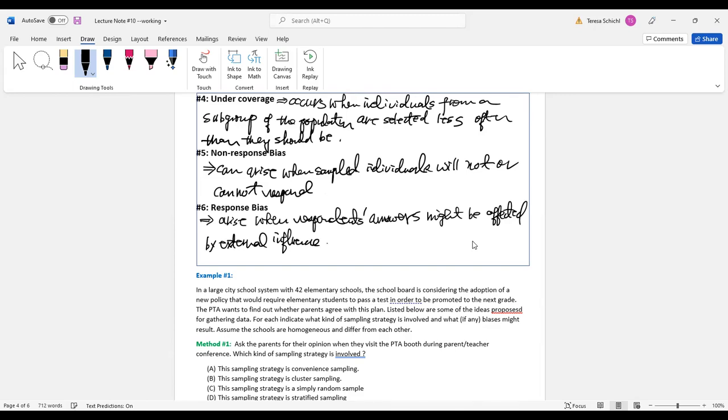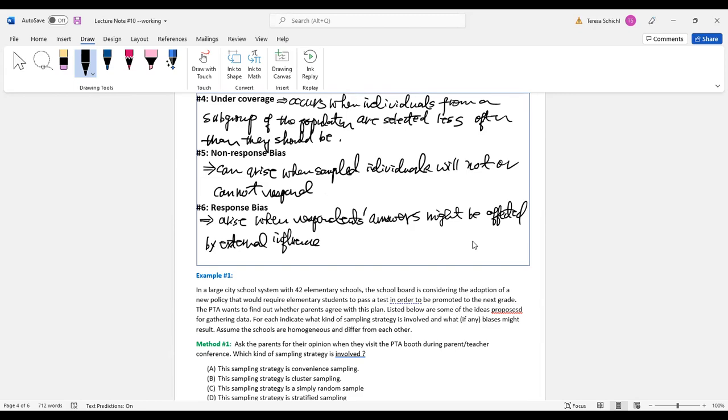For example, if you are working for a company, and HR gets the people together and asks their opinion about how they feel about their bosses, you respond, oh, I love my boss, my boss is a good person. But this type of bias was influenced by external influence.